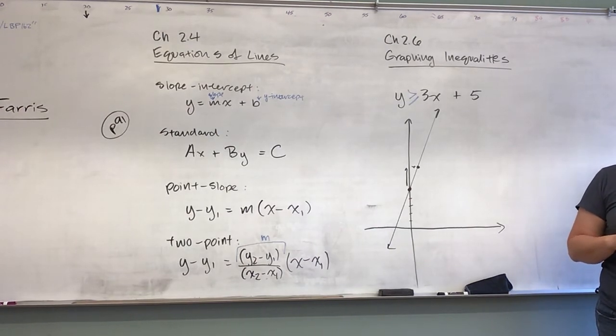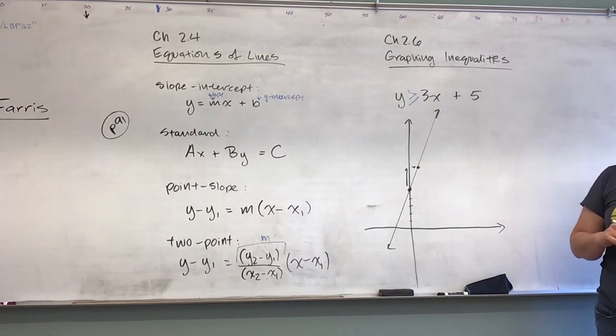Yes, Cece. Okay, so if y is bigger than 5, then you look at the line, and since 0 is lower than 5, you want the spot that also shades in 0.